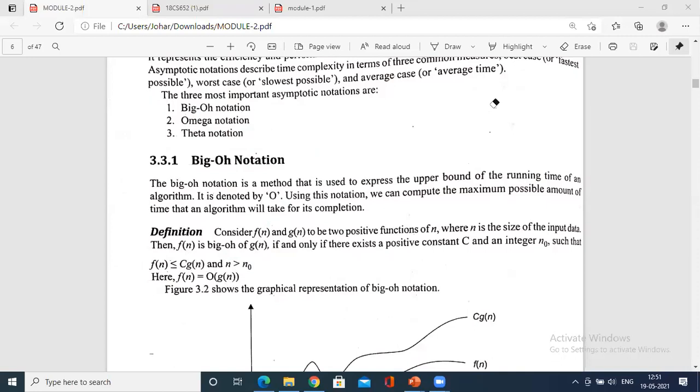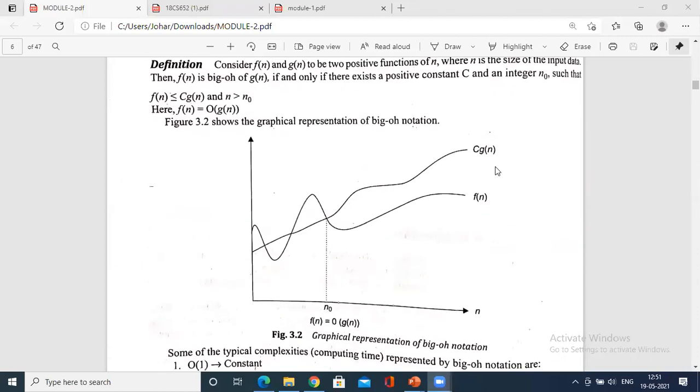So you have to write in the graph c of g of n, f of n. When they intersect at n naught, f of n equals big O of g of n. Here c of g of n, that is, c is a constant being multiplied by g of n. It may be constant 0, 1, 2, 3, 4 and so on. So c minimally starts at 1, because if it is multiplied by 0, what happens? It becomes 0. So c should start from 1.